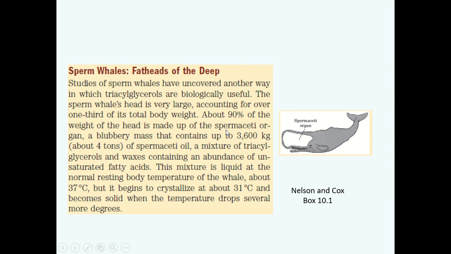When the whale again comes closer to the surface, the temperature again increases and the fats are again going to turn into a fluid. Therefore, this transition of spermaceti fats from solid to liquid and liquid to solid helps the whales in diving and swimming.